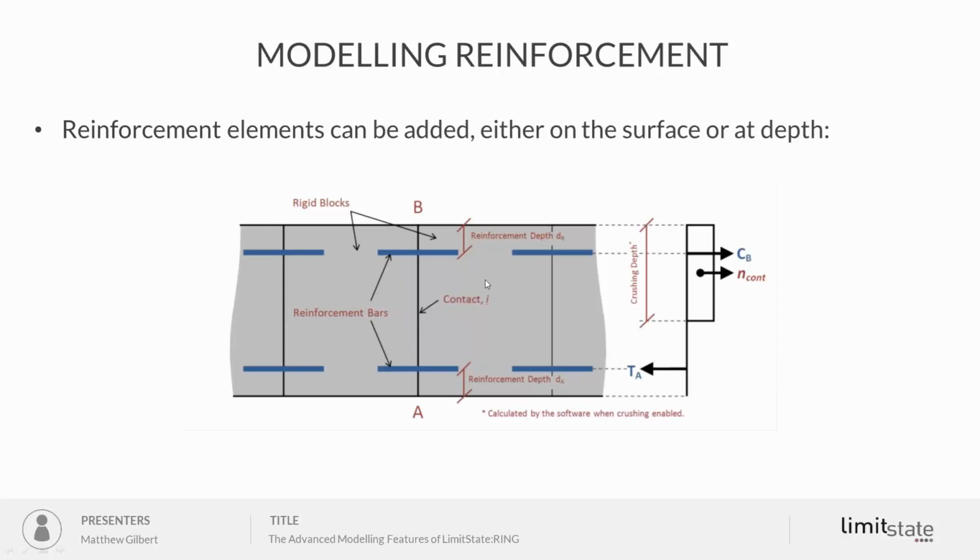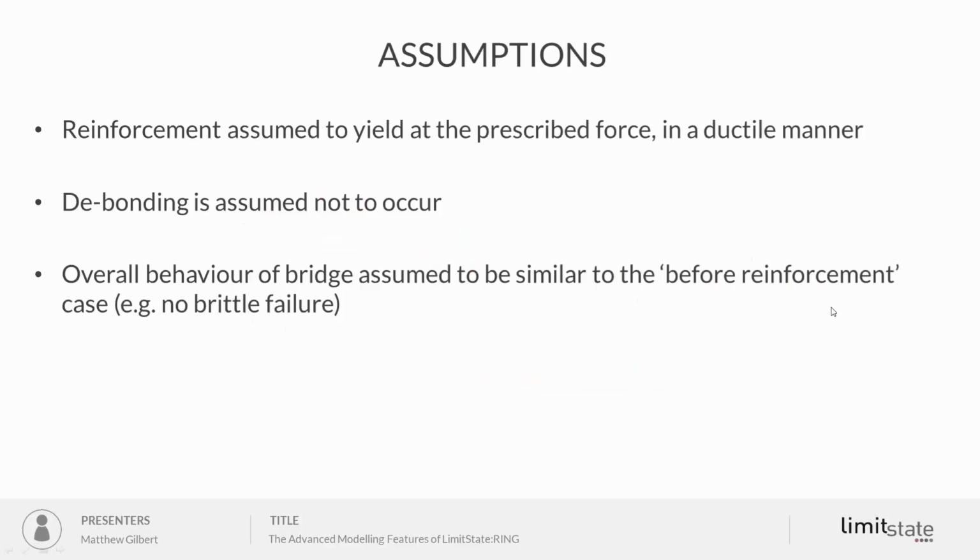So what we basically assume is that we have a rectangular crush block for the masonry, and then we have a tensile or compressive force applied to represent the reinforcement at its location. Very, very small change to the formulation that you saw earlier.